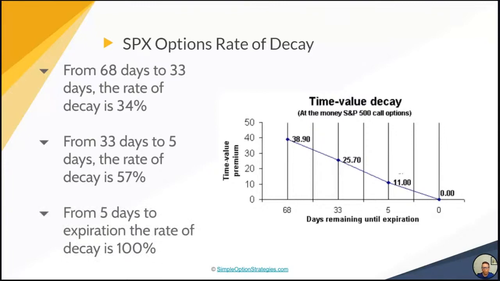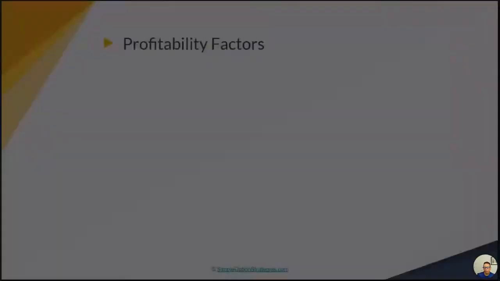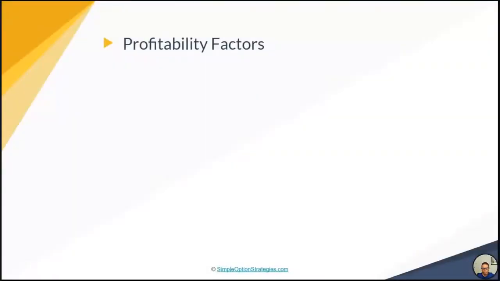All of that premium is going to be gone by the end of the day. That's obviously the most rapid rate of decay that you can have. A lot of people like zero DTE because there's no overnight risk. You're in and out. It's a day trade, and we'll talk about having a day trade as well on that.